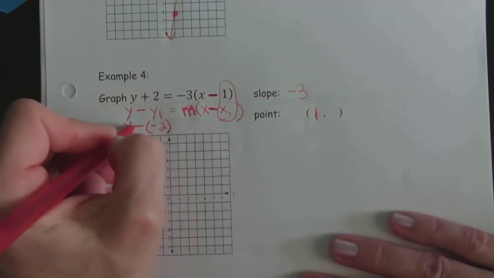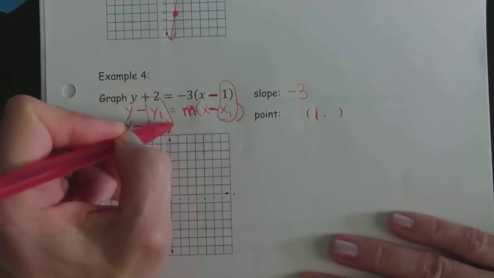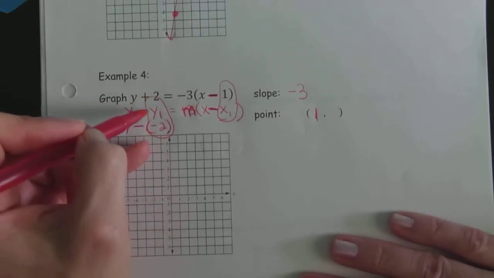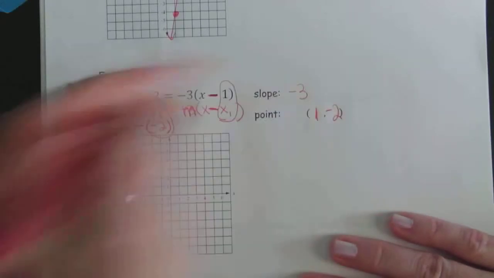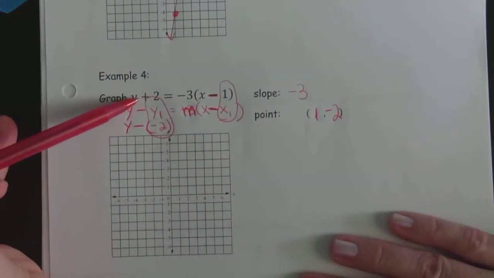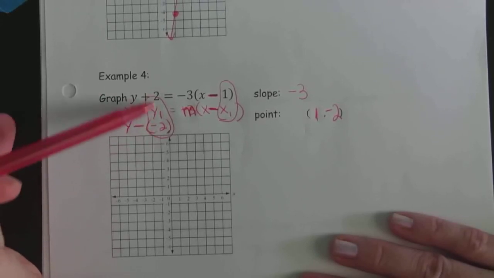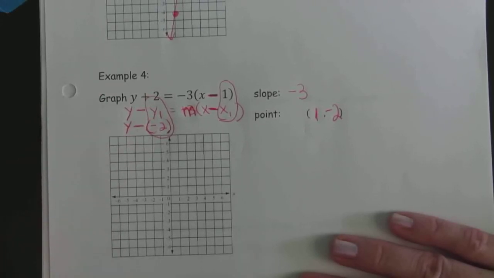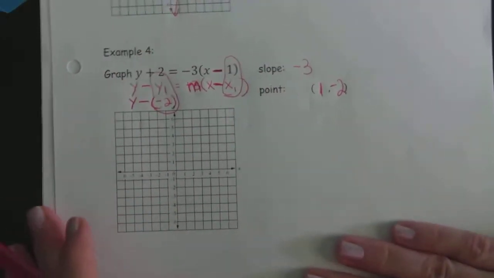And now we have the minus to the minus, and the y sub 1 sits behind that minus. So my y sub 1 is negative 2. That's the first one that had us do that. So really, when there's a plus instead of a minus, it changes that sign on the y sub 1. And then everything else flows the same.